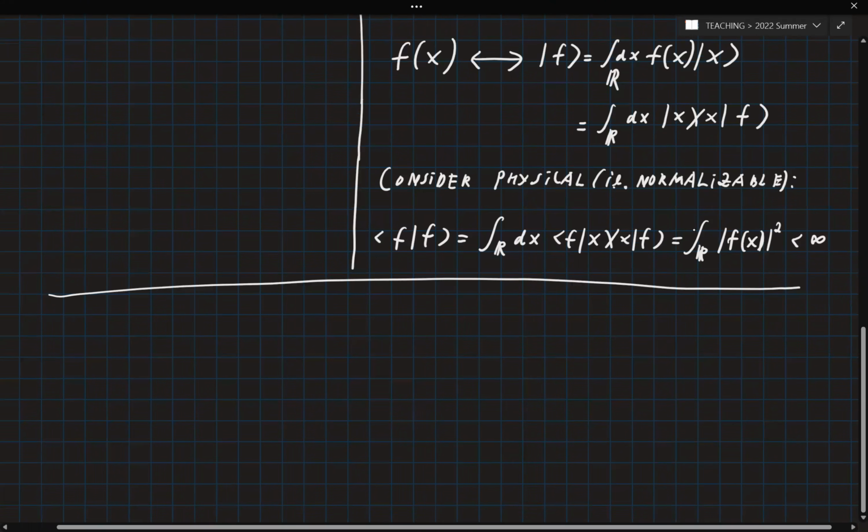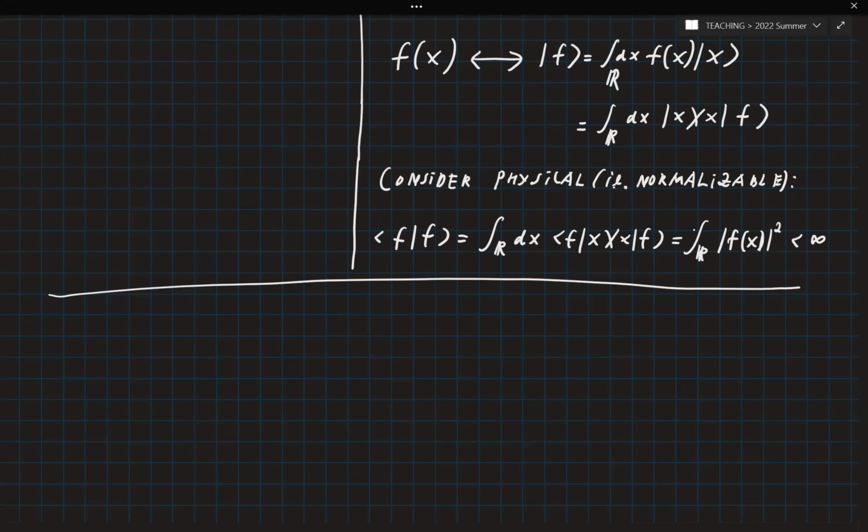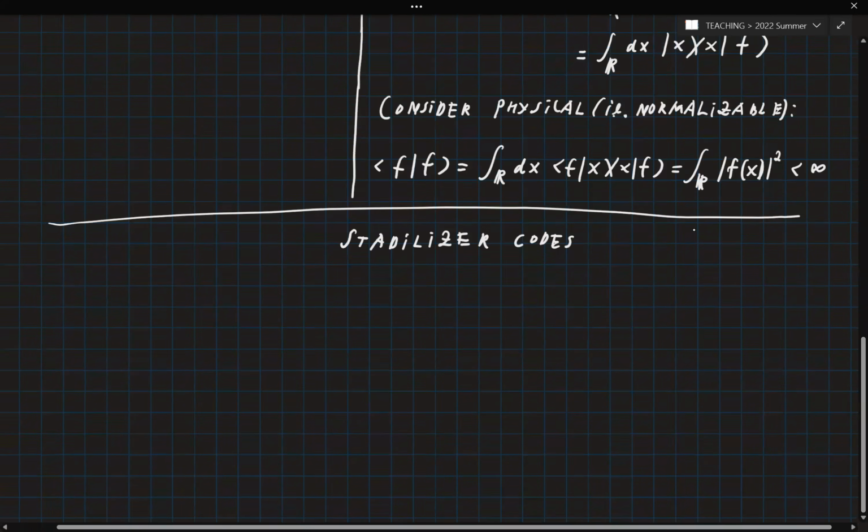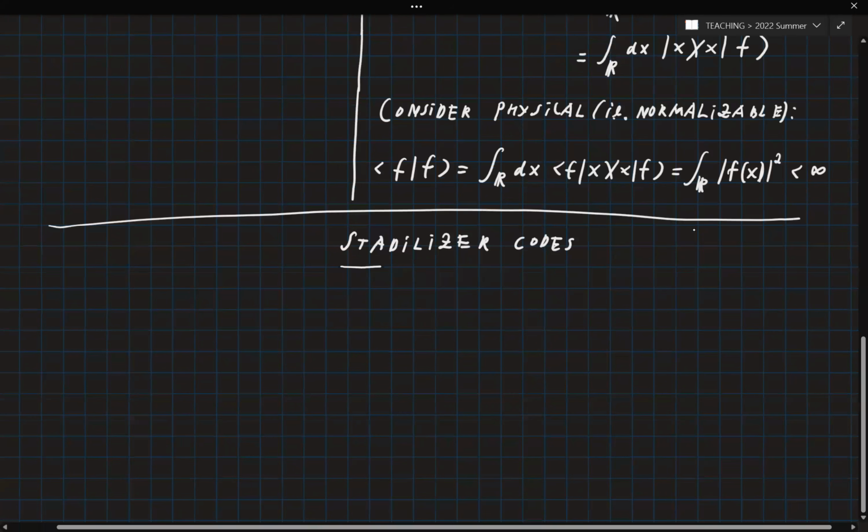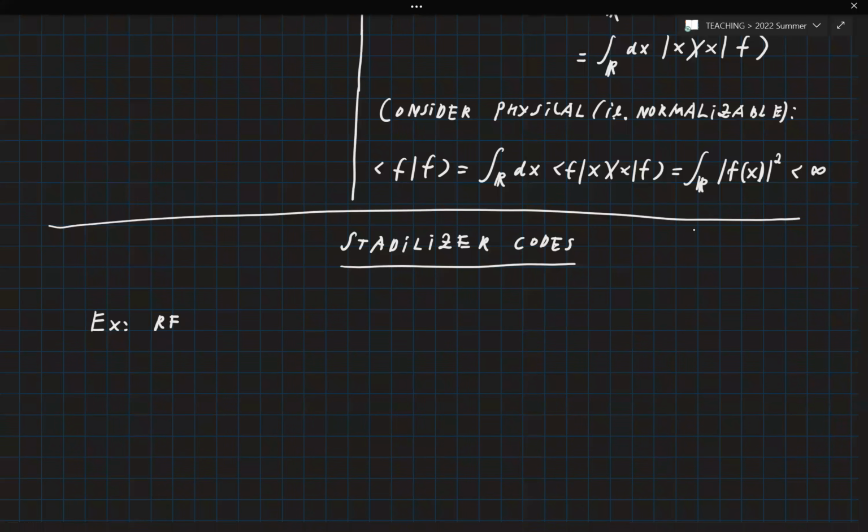So here we go. Here's some examples of codes. We're going to do stabilizer codes today, and we'll start with the simplest code that we went over last time. Anybody? Repetition code. So one example, the repetition code.